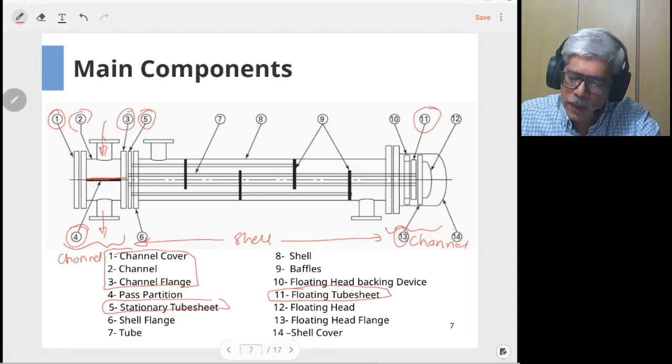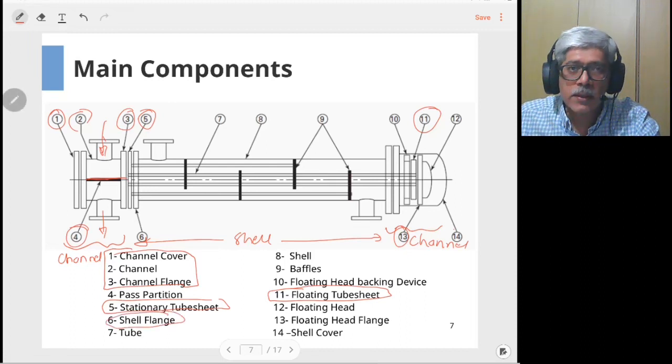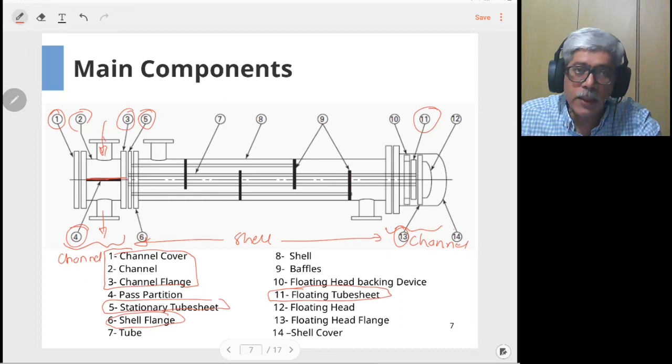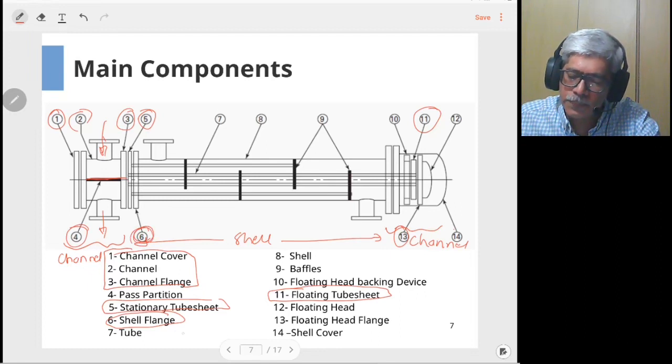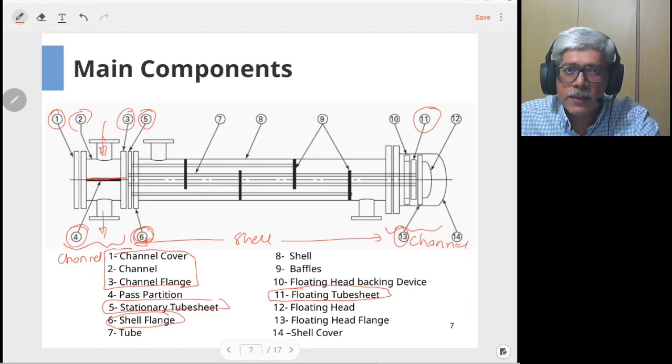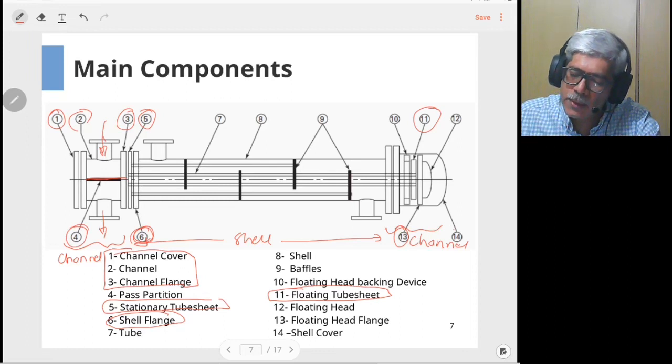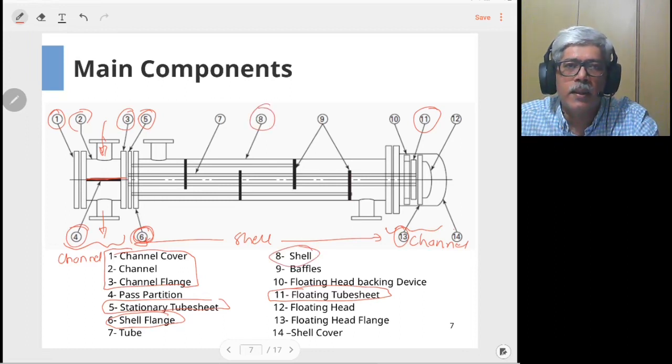Then you have the shell flange, which is the beginning of the shell side which surrounds the tube bundle. The sixth number is the shell flange, and inside it, number 8 is the cylindrical enclosure which surrounds the entire tube bundle.